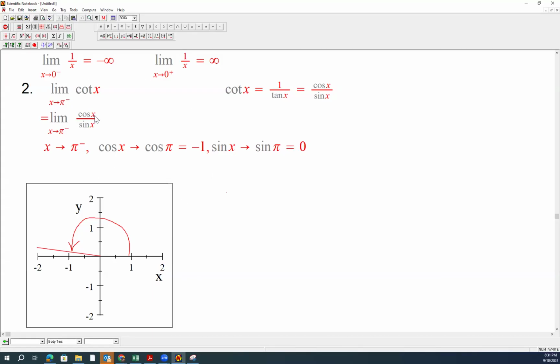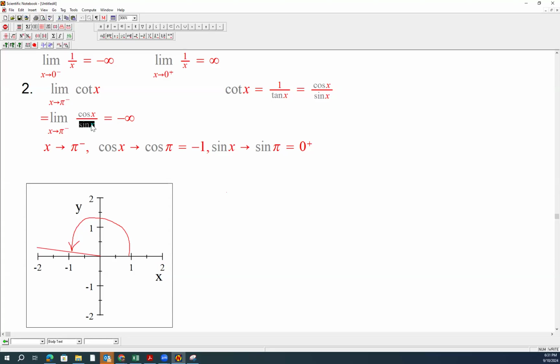So you can see the numerator approaching a negative number, the denominator approaching 0 and positive, because in the second quadrant sine is positive and cosine is negative. So this limit is going to be negative infinity, because the numerator is negative and the denominator is positive, and negative divided by positive is negative.